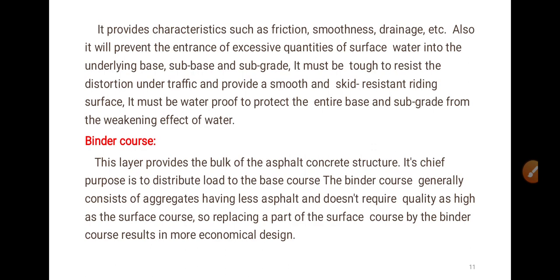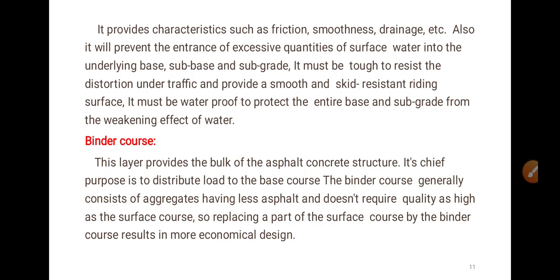It provides characteristics such as friction, as I already mentioned, smoothness, drainage, etc. Also, it will prevent the entrance of excessive quantities of surface water into the underlying base, subbase, and subgrade. It must be tough to resist distortion under traffic and provide a smooth and skid resistant riding surface.